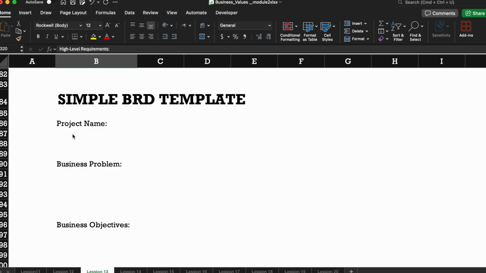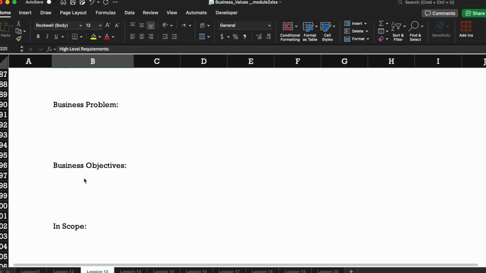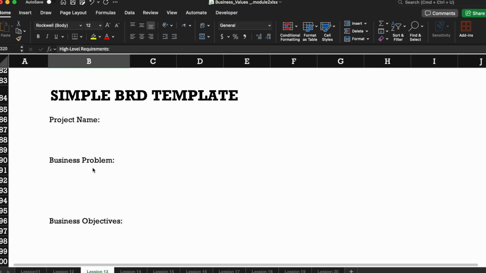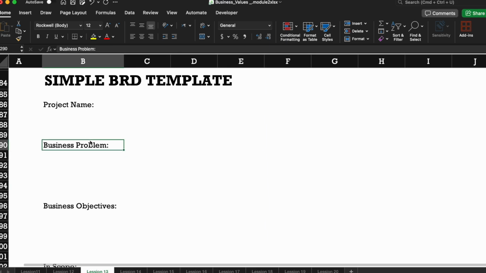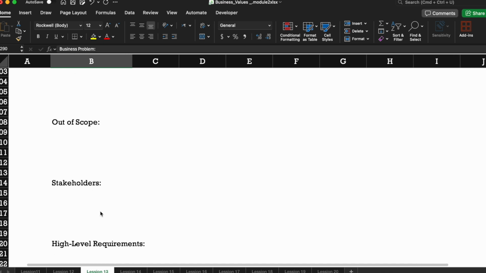So as a beginner, if you can include this, the rest of the details you can add. You can get a sample copy other BAs created, and you just need to change the name or add a few details based on the template you are going to follow. But if you don't have a template, this is a good template. You can use this one as a beginner.